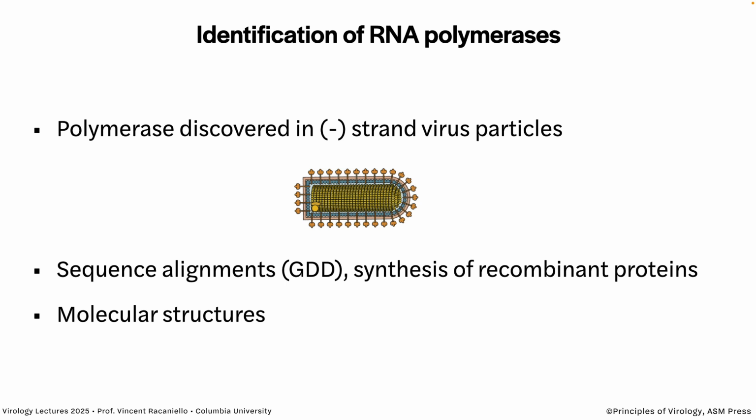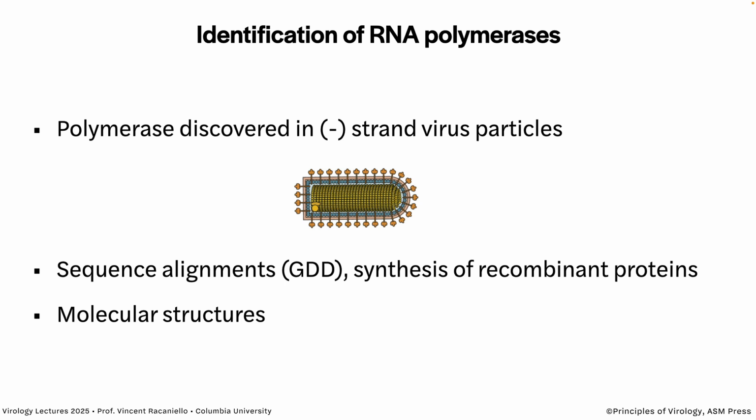The RNA can't be translated as soon as it comes into cells. And so the logic was there must be a polymerase in the particle to make mRNAs once the particle gets into cells. And so that was discovered in particles of minus-strand RNA viruses. Plus-strand RNA viruses, for the most part, do not need to carry polymerases, right? Because their RNA can be translated into protein as soon as it gets into cells.